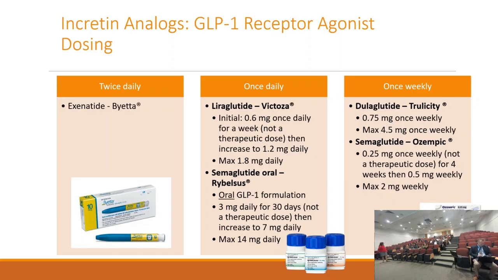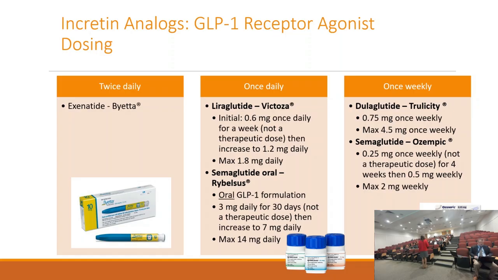All right, and then what's used most commonly, and probably the ones I would start and spend the most time on, are the weekly ones. Dulaglutide, which is Trulicity, and semaglutide, Ozempic, are once a week injections. I think you learned in Care Lab how to counsel on one or both of these products.